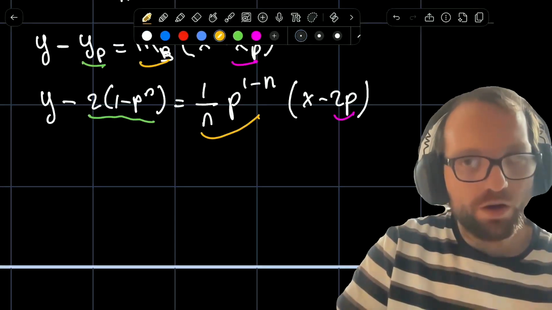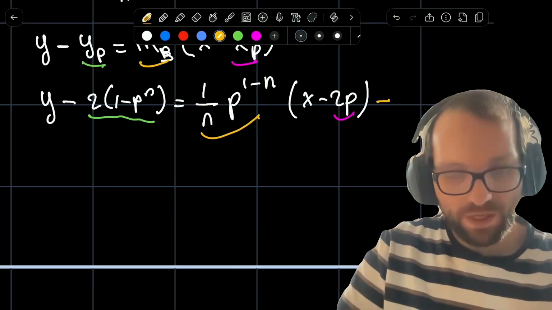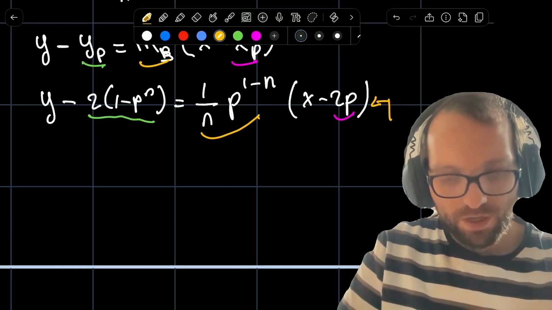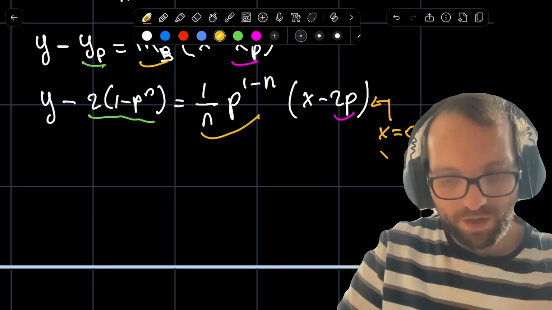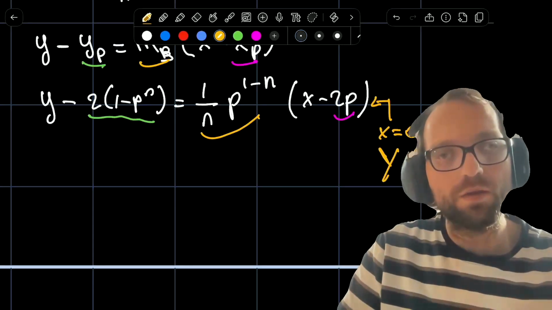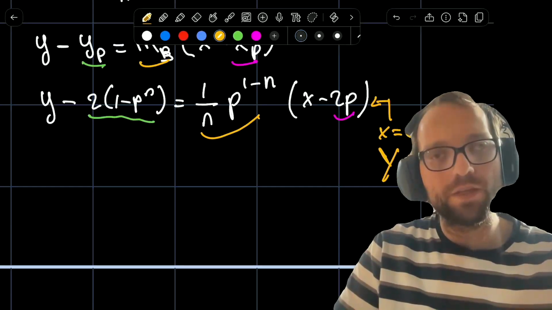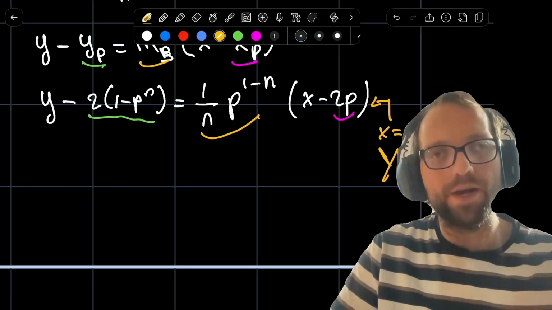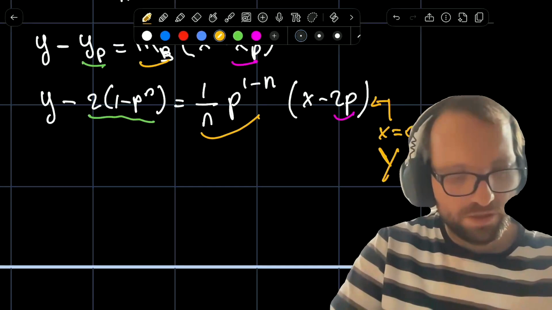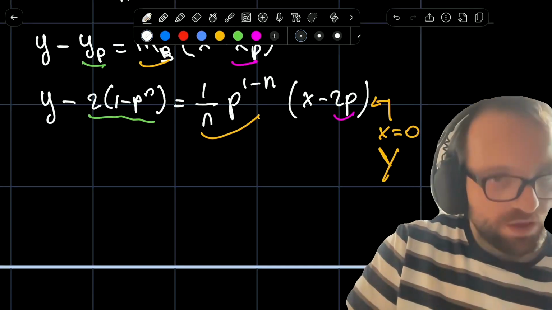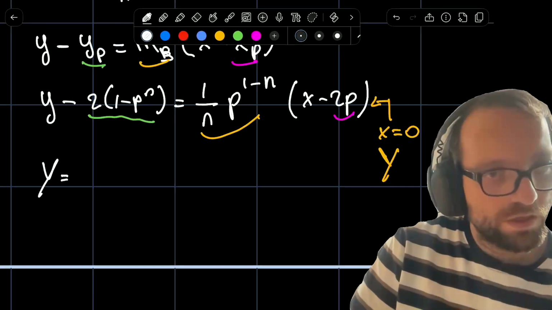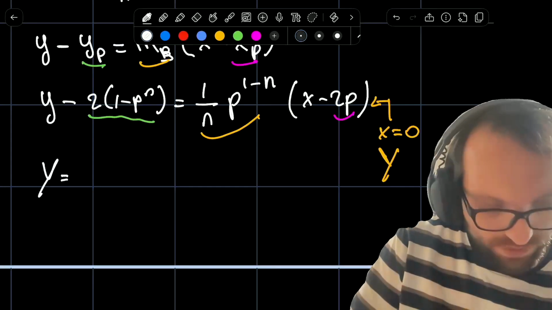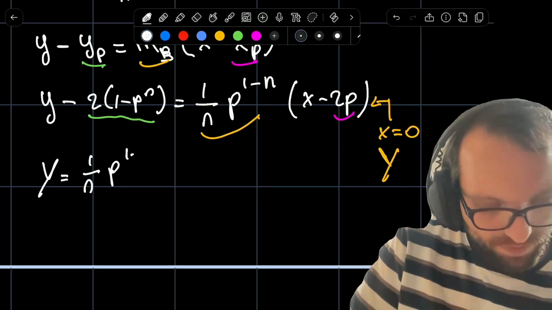But what we want is that this equation intersect the x-axis, which means x equal to 0, in order to find our big Y, which is the y-coordinate of the intersection between this normal line and the y-axis. Okay, so we're going to have that big Y is going to be 1 over n, p minus n.